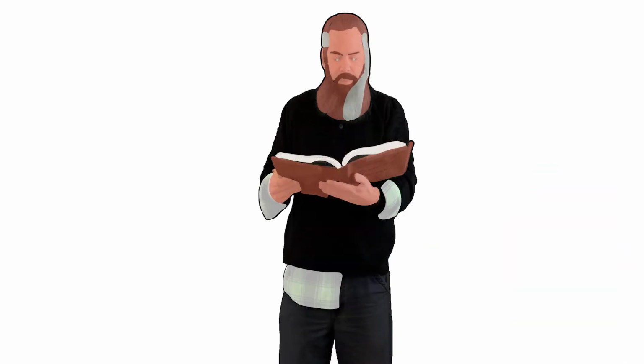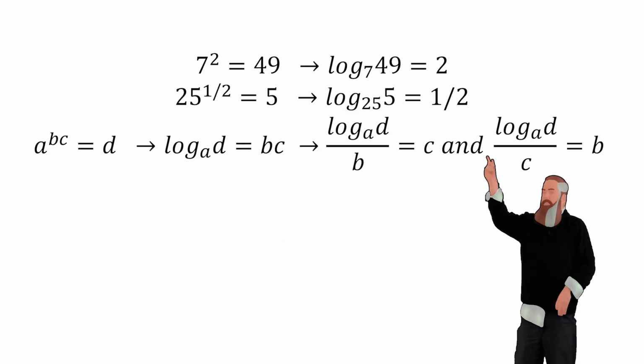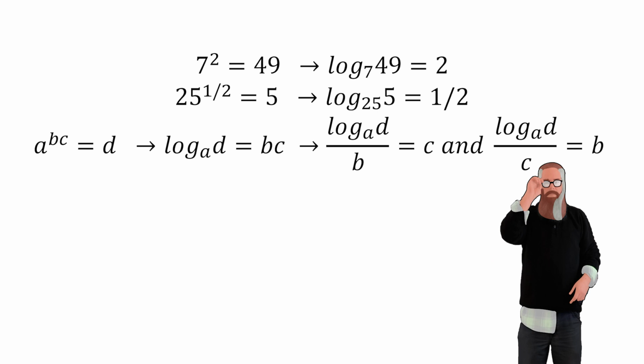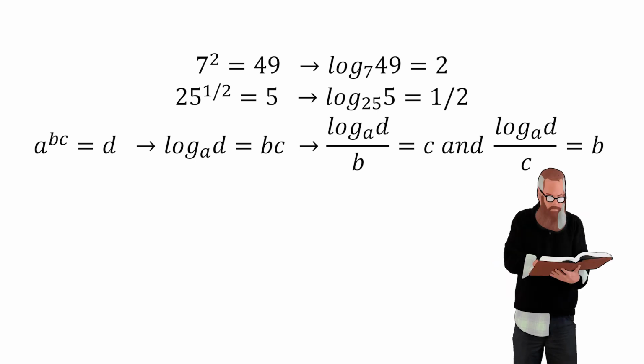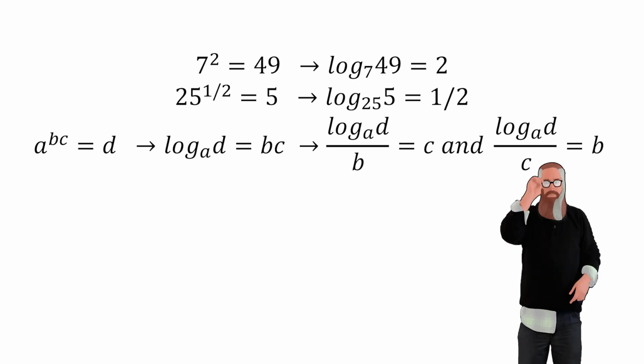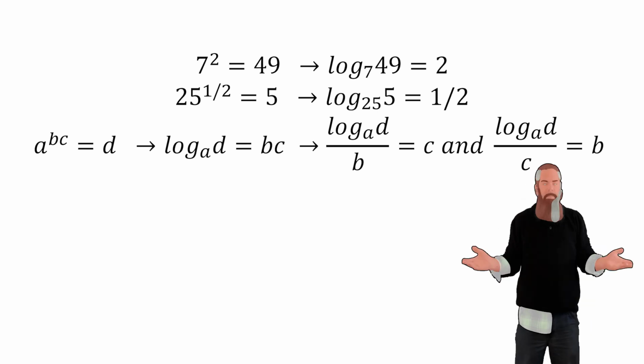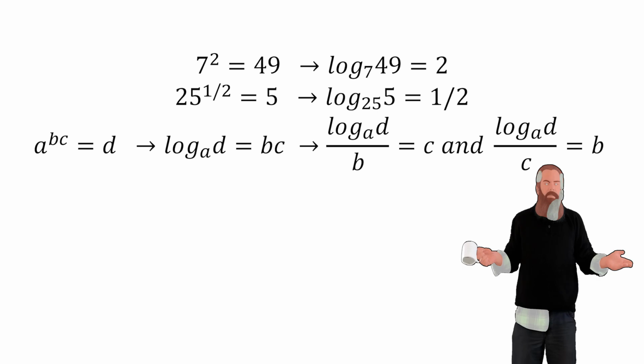Examine these exponential equations and their logarithm equivalents. 7 squared is equal to 49. It gives us log base 7 of 49 is equal to 2. 25 to the half power is equal to 5 gives us log base 25 of 5 is equal to 1/2. We can see that a to the bc power is equal to d gives us log base a of d is equal to bc.